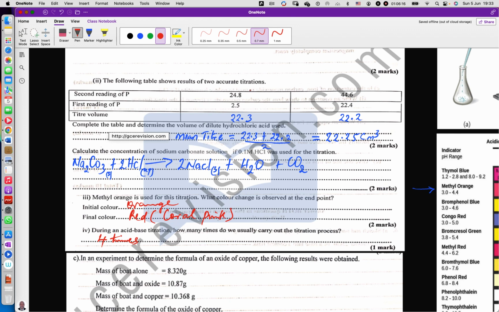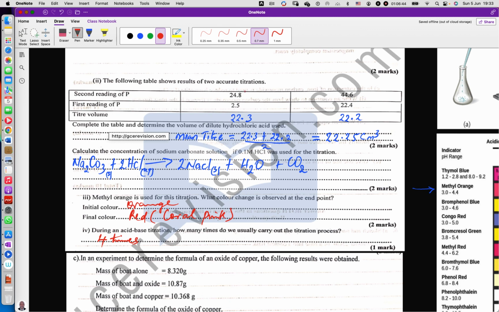They have just carried out two accurate titrations. They want us to complete it. I told you that the first reading is the initial burette reading. Then the second reading is the final burette reading when you have arrived at the endpoint of your titration.